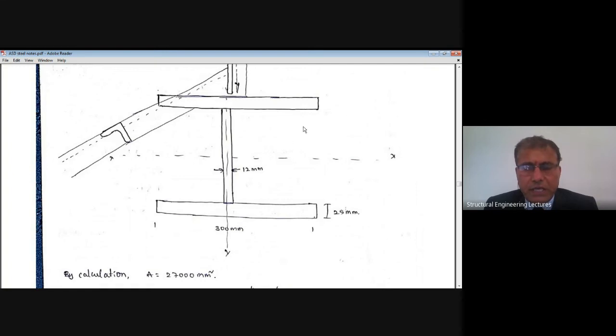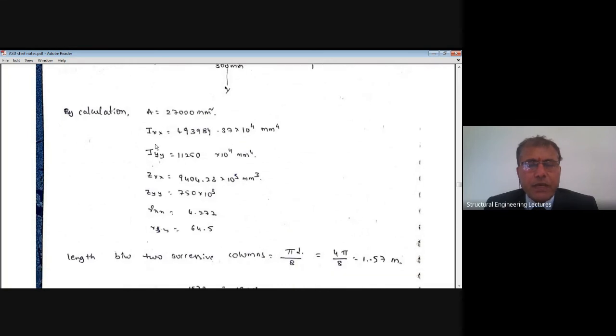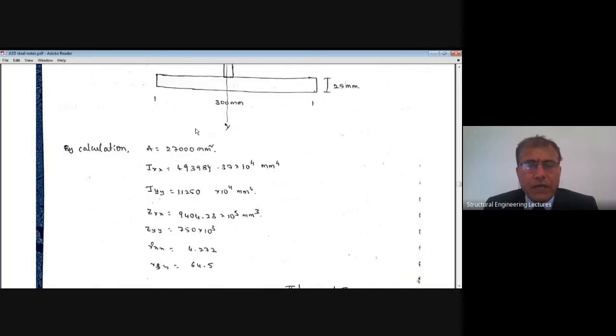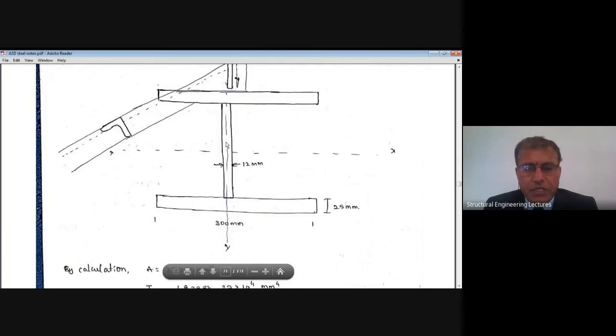Hence, YC is equal to YT, the extreme fiber distance. Both are at 525. Hence, even the vertical axis lies at the mid width of this 300 mm, meaning at 150 mm from this end, right? That is how the CG is located.